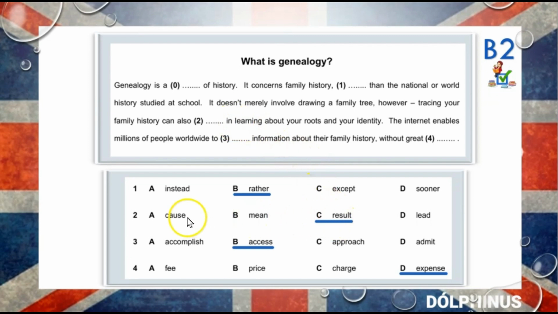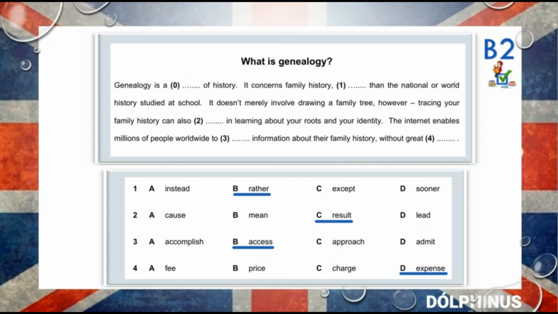But if you place the other words in the gap, they do not sound natural English. You may not know the reason why, but it doesn't sound correct. In B2, you already know the difference between fee, price, charge. So they use vocabulary that you may have used in other contexts.